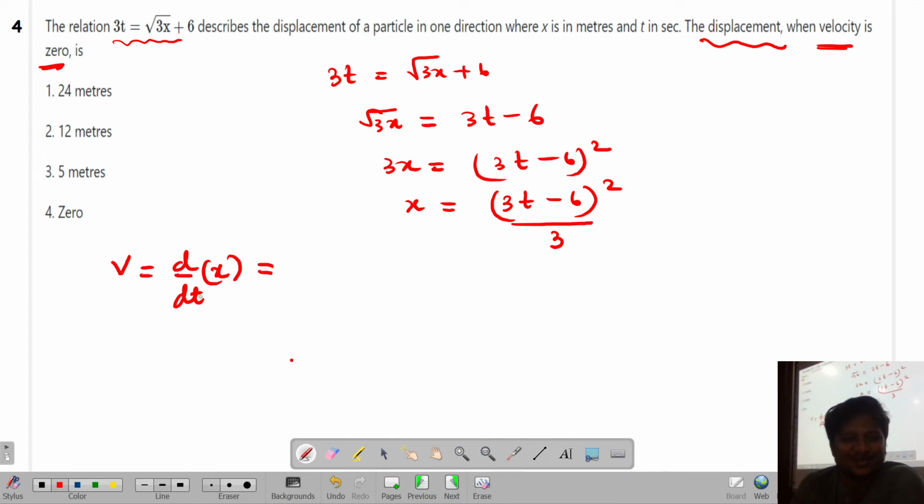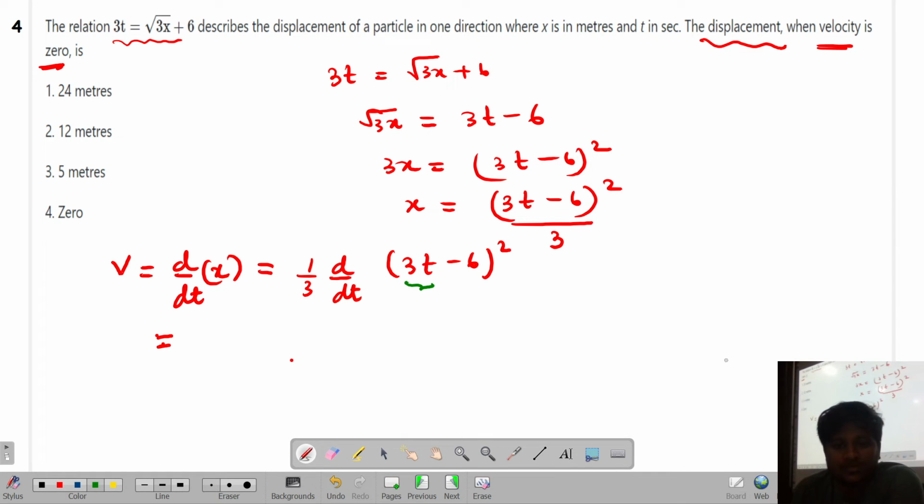Okay, so find dy dx of x here. So look, x is given as (3t minus 6) squared again. Now 1 by 3, I'll write directly d by dt of (3t minus 6) whole squared. Now one thing is there, you can solve it directly or indirectly. Again, here one difference from the previous case: one constant has multiplied with the variable.